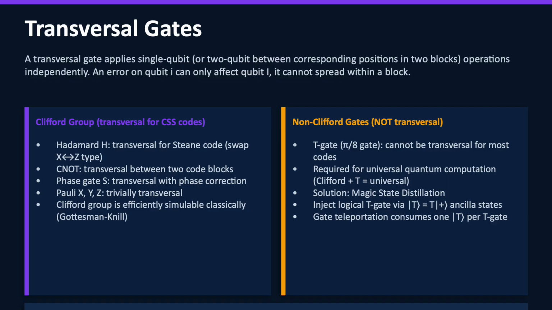For most codes, the missing gate is the T gate, which is rotation by 1/8 of a full turn. The search for ways to implement this gate fault tolerantly without transversality led to one of the most important and costly constructions in all quantum computing, which we discuss next.